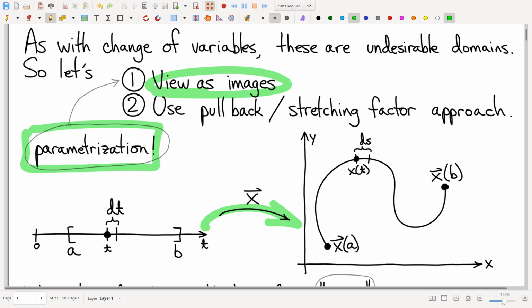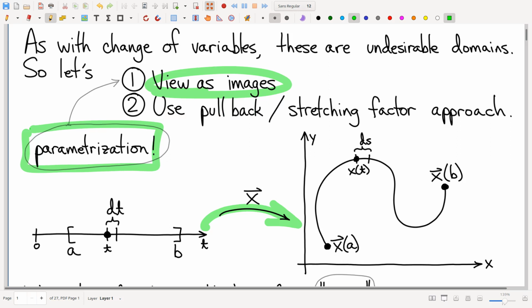In other words, the curve is the image of that parameterization. So, check on our first step. Parameterize the curve. In this context, parameterizing the curve plays the role of choosing an appropriate change of variables function.